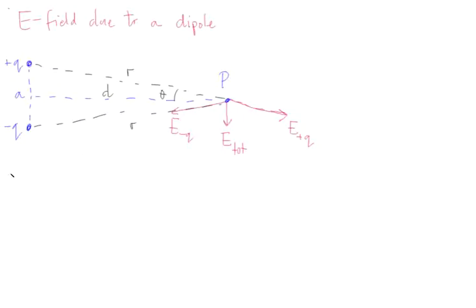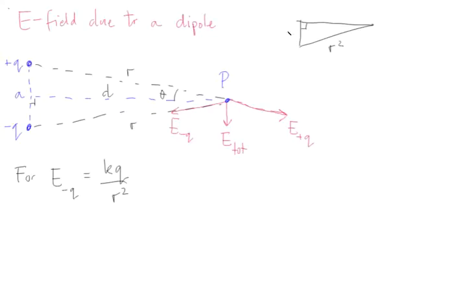So for one of the electric field strengths, let's take E negative Q, just talking about the magnitudes now. E negative Q is going to be k times the charge on this charge, Q, divided by r squared, the distance the charge is from point P. If we look at this diagram now, we have a little right angled triangle whose hypotenuse is r. Sorry, the hypotenuse is r, not r squared.